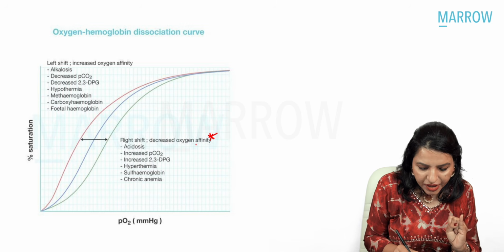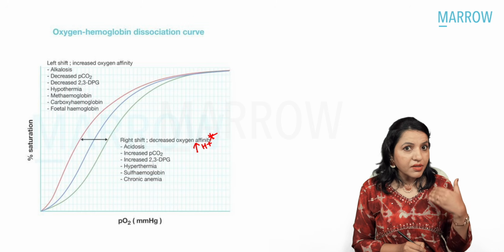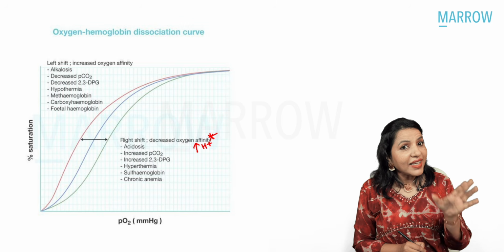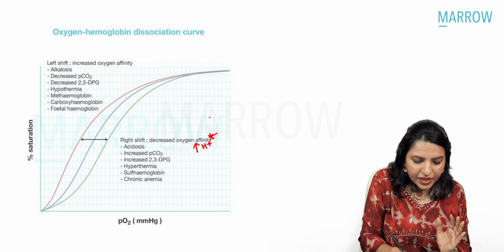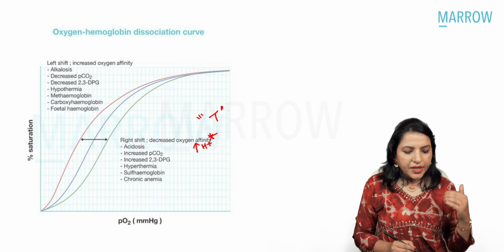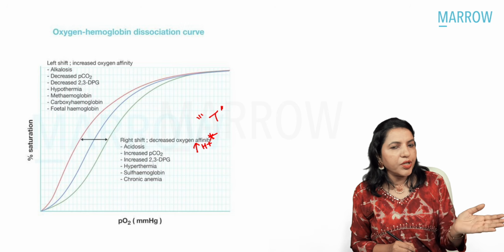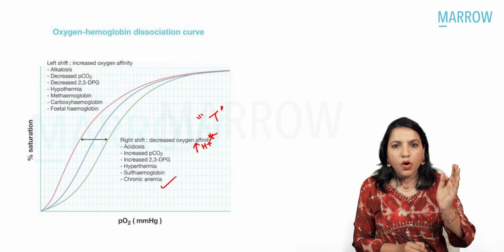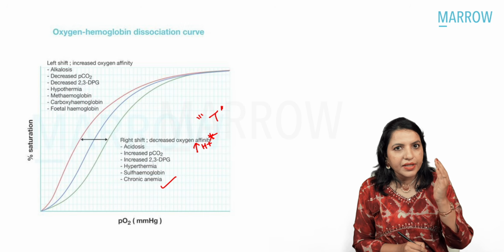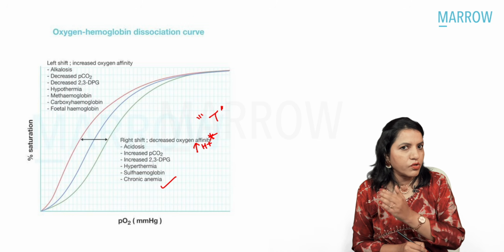Acidosis is also written as increased H plus ion concentration, increased PCO2, then increased 2,3-BPG because it facilitates. All these are favoring the T state, okay? Then hyperthermia, that is if temperature is high, then sulfhemoglobin, it is towards the right, and also chronic anemias. So all these things decrease the oxygen affinity and shift the oxygen dissociation curve towards the right.